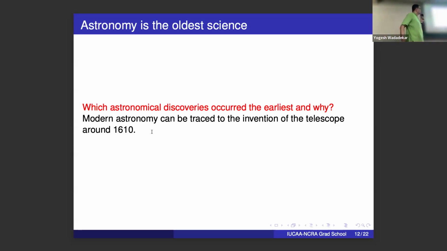So the other astronomical discoveries were related to the fact that the same stars are not seen at the same place at the same time every night. They keep moving, okay? And that had a pattern. The whole pattern seemed to repeat every year, the solar year.